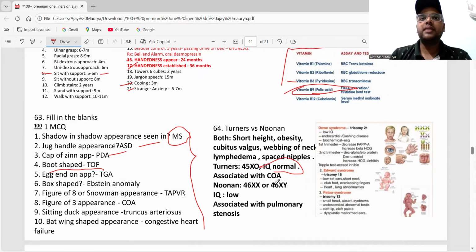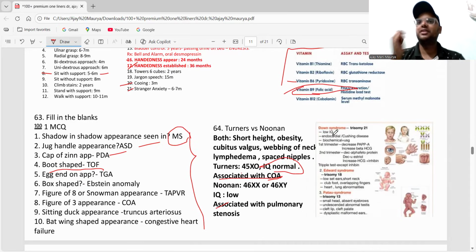It is associated with coarctation of aorta. In some questions, they will say there is one heart condition associated with Turner syndrome; they are talking about coarctation of aorta. Noonan is 46XX or 46XY. Here the IQ is very low. It is associated with pulmonary stenosis. These are very important.